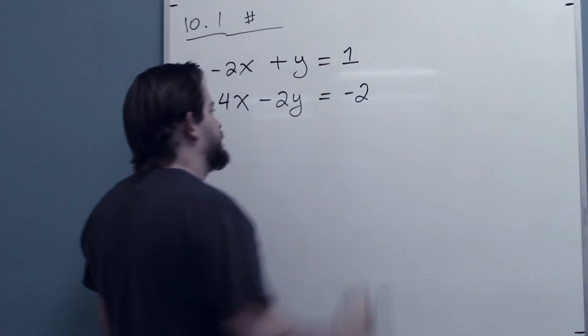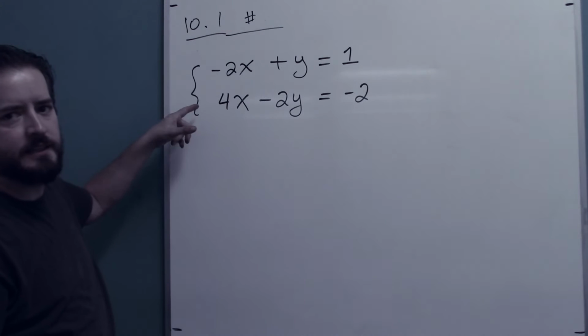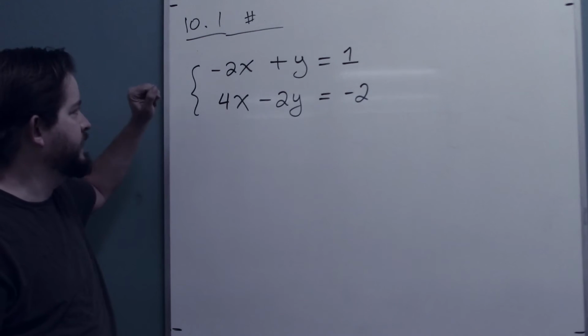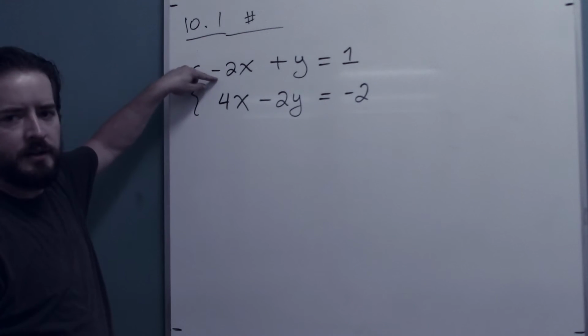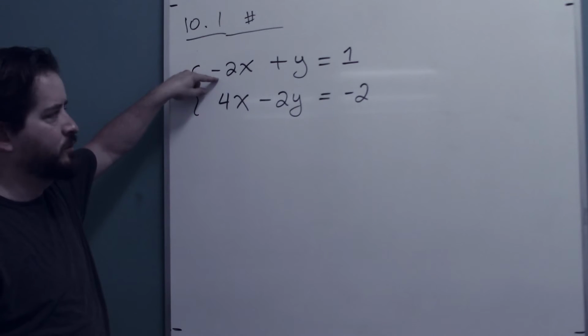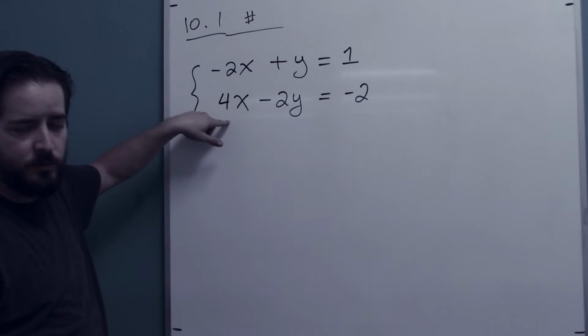And after you've done a few of these, you should be able to recognize that we're in one of those special cases, because the top one, if I were to multiply it by negative 2, I would get the bottom one, right?